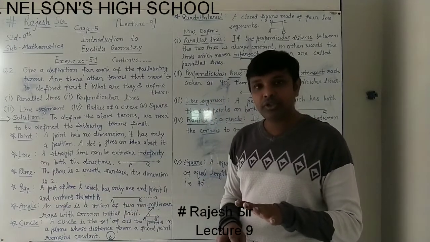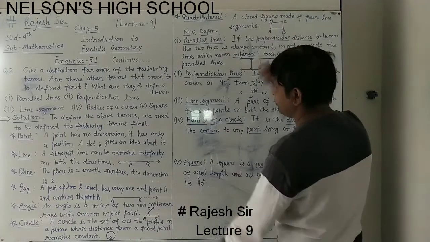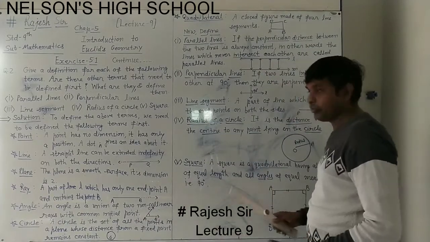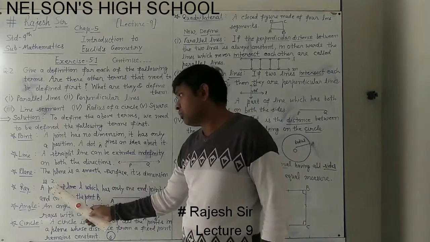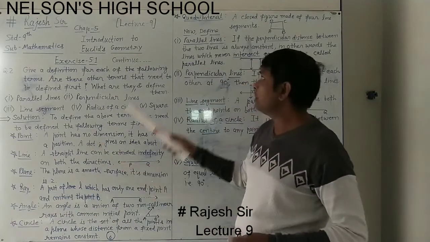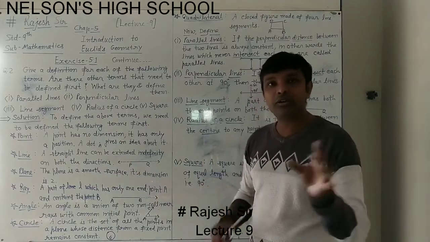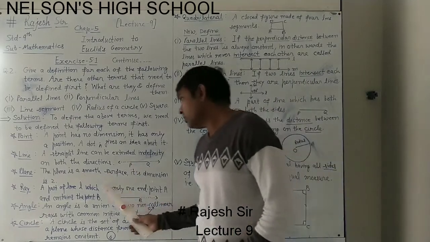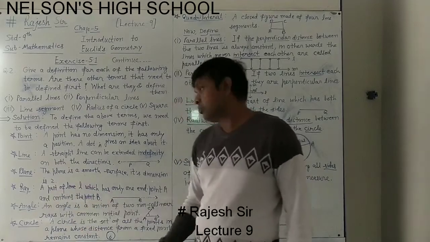It may be a sheet of paper, or you can say the surface of the board is a plane. It is a smooth surface and its dimension is 2. Why is its dimension 2? Because a plane will always have some length and some breadth also. It has 2 ways of measuring. So the plane is a smooth surface and its dimension is 2.